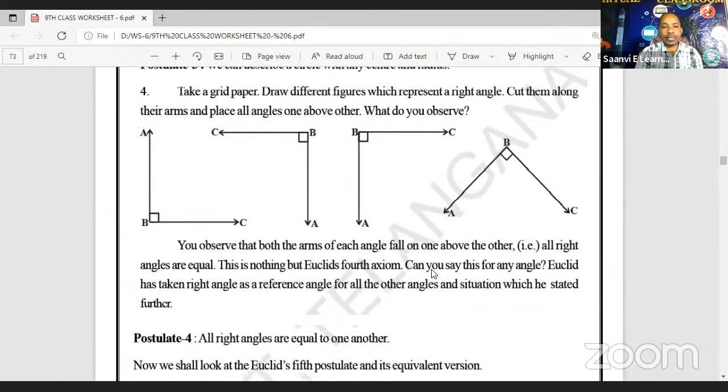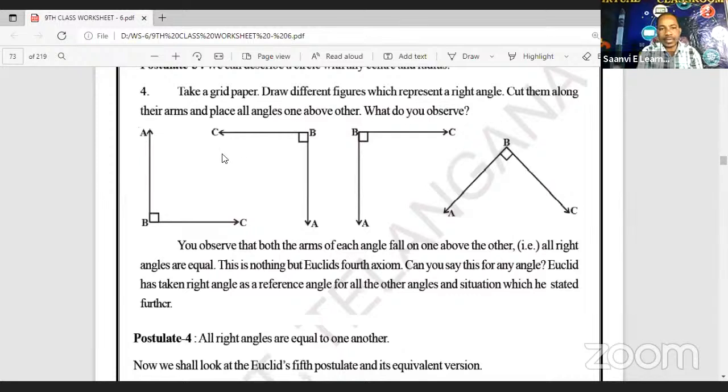Next, coming to postulate 4. All right angles are equal to one another. So wherever you draw the right angle, suppose here at B will be the 90 degrees angle.